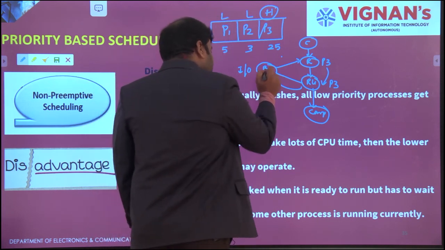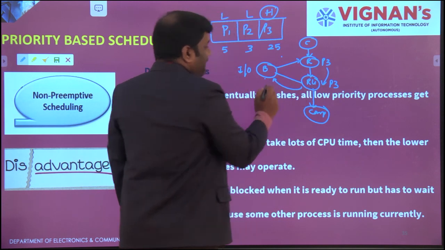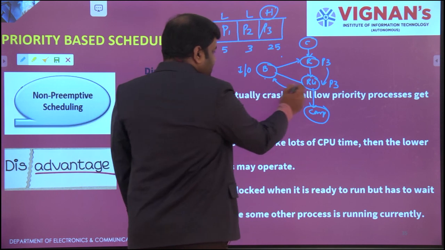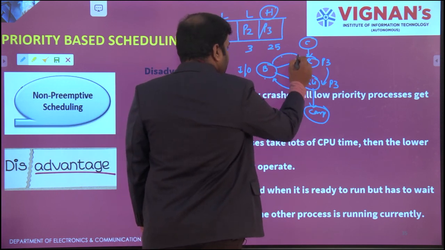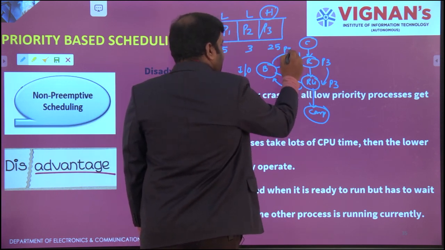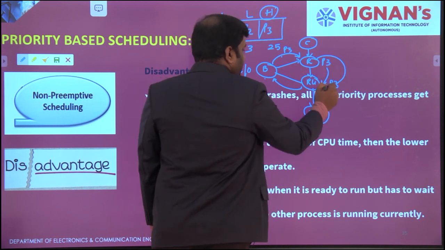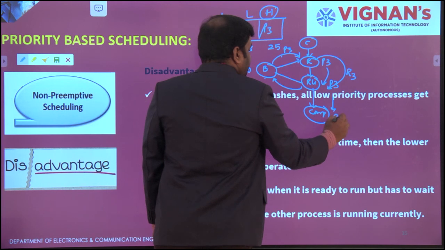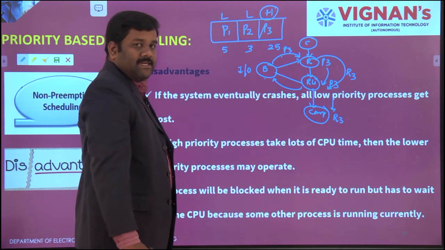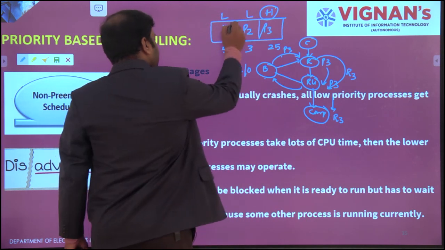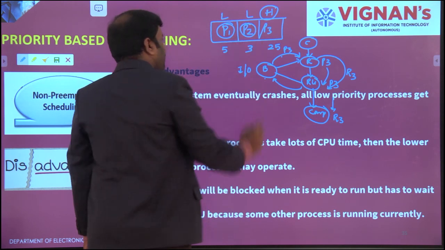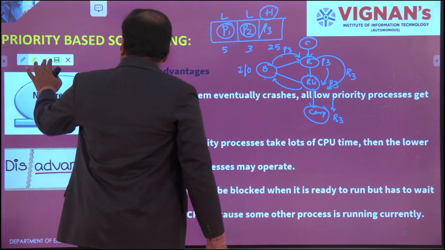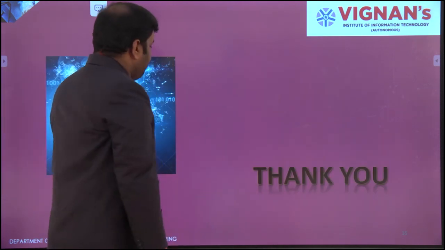While P3 is in blocking state, we can't run P1 and P2 in running state. Until P3 goes from blocking state to running state, then to ready state, again running state, and completes its operation, P1 and P2 have to wait. There is no other alternative available for P1 and P2.